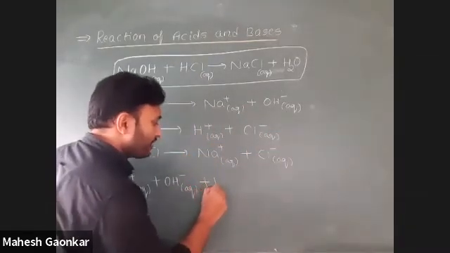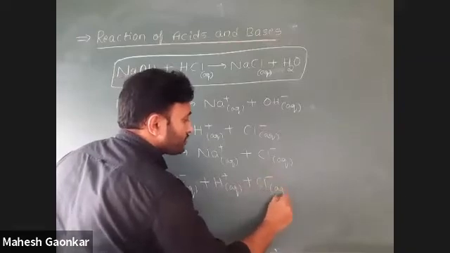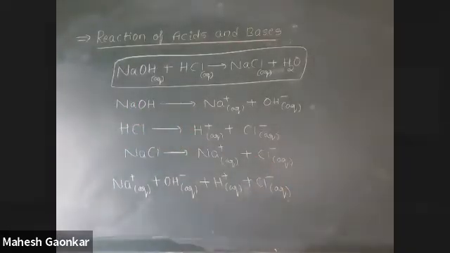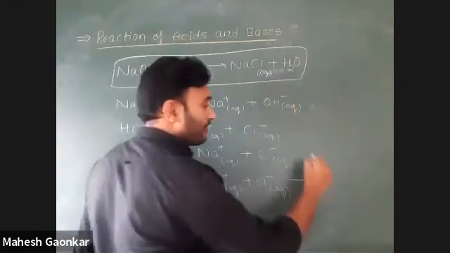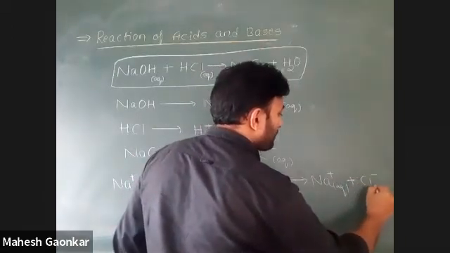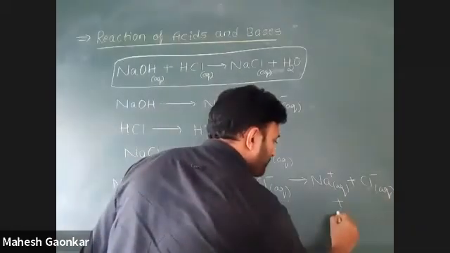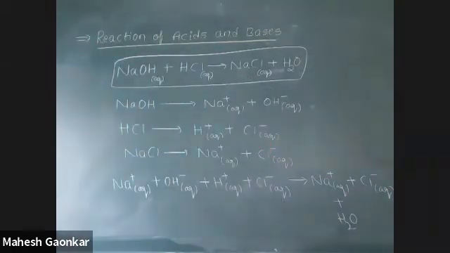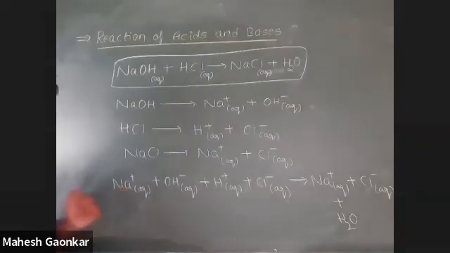So Na plus aqueous plus OH minus aqueous plus H plus aqueous plus Cl minus aqueous gives NaCl, meaning Na plus aqueous plus Cl minus aqueous, plus H2O.